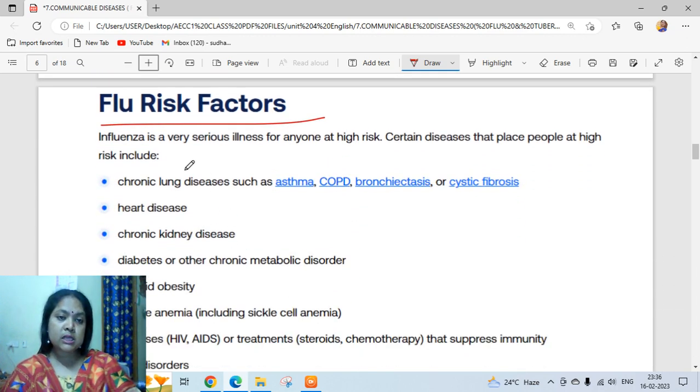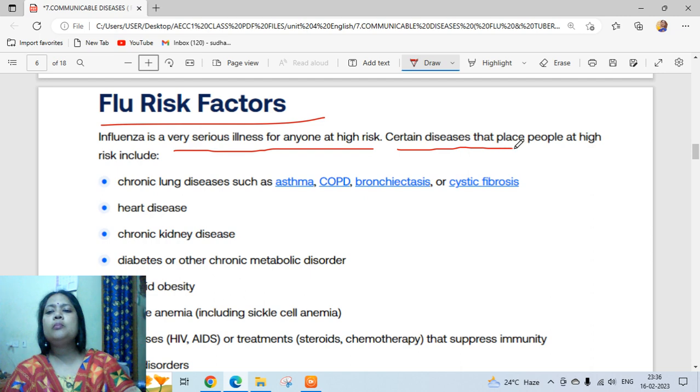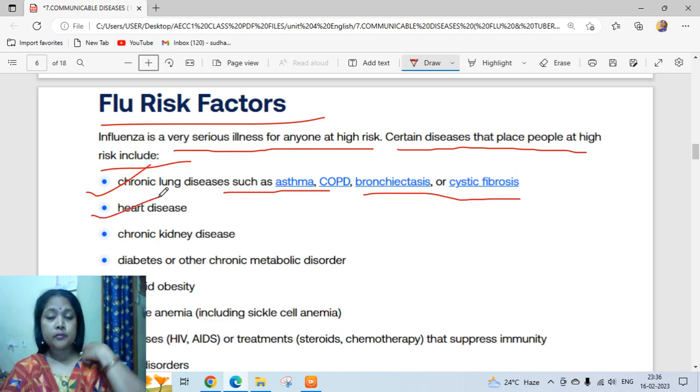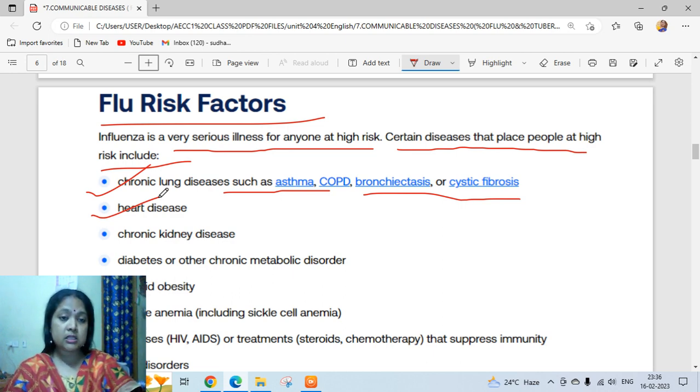Then what are the risk factors of flu? Influenza is a very serious illness for anyone at high risk. Certain diseases that place people at high risk include chronic lung disease such as asthma, bronchitis, cystic fibrosis. Then heart disease is also one common risk factor. If you have heart disease, then there is every chance of attack by flu or influenza.